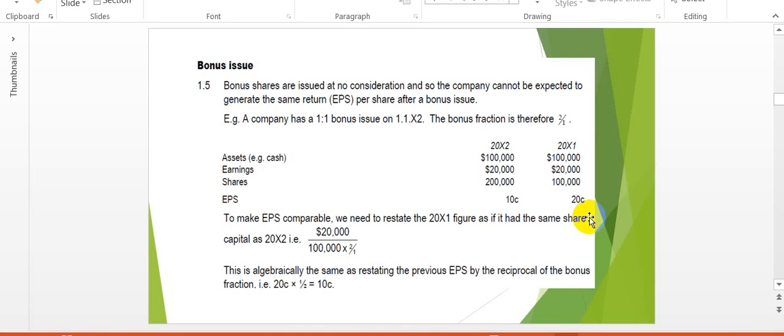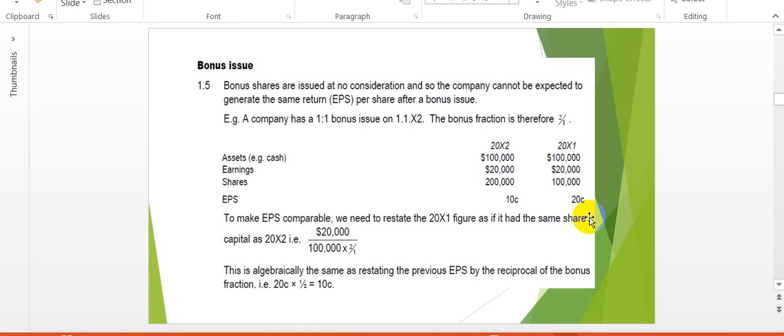The assets there are not changing, 100,000 from 20x1 to 20x2. There's no extra income which has come, no extra cash which has come.